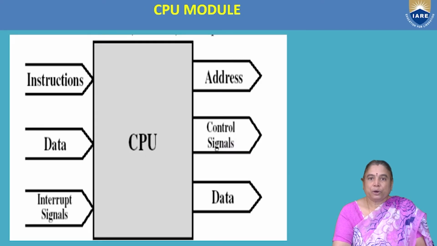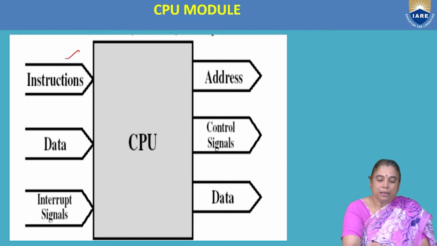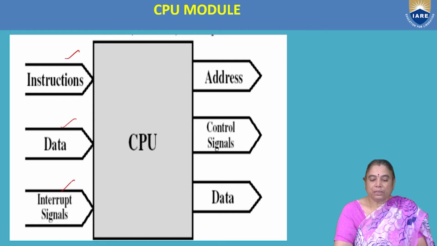The CPU module can take the basic interactions like this. The CPU can receive instructions, data, or interrupt signals. Instructions are supplied through programs, along with the data that the program has to operate on, and the other variety is the interrupt signal.